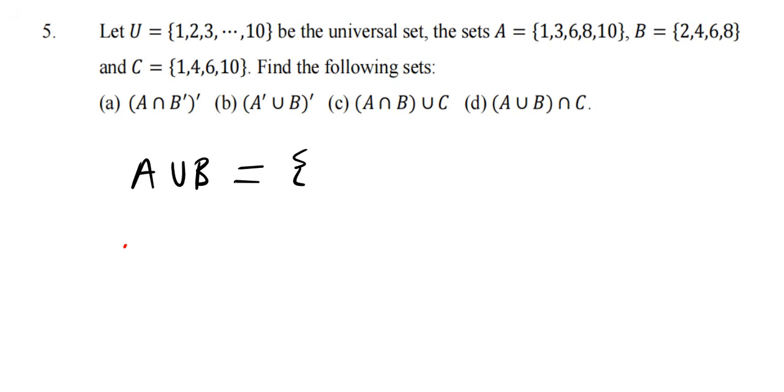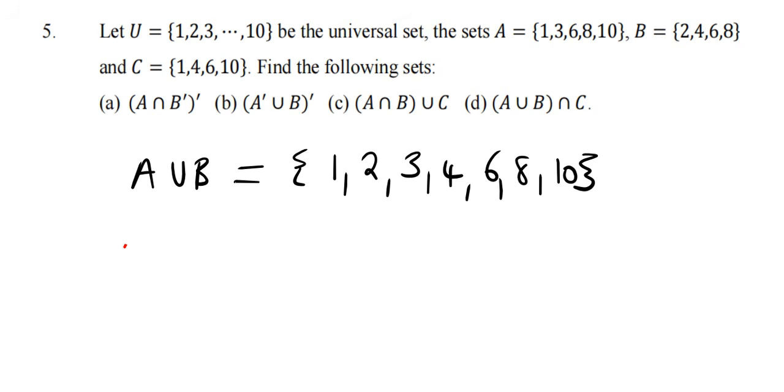The union between the two. So I'm just going to write them. We've got 1, 2, 3, 4, 6, 8. There's no 9, so there's 10. Then there's intersection C. Let's first write C. We've been given 1, 4, 6, and 10.